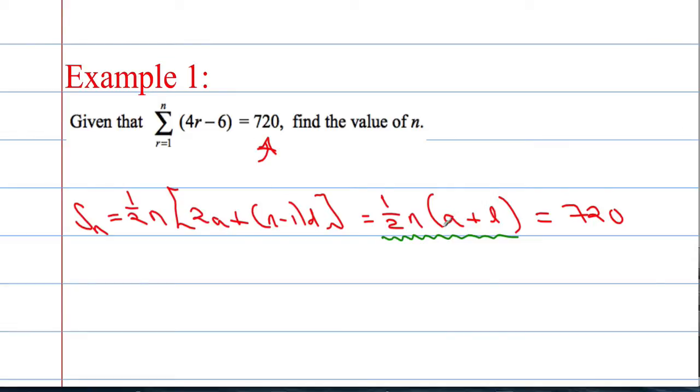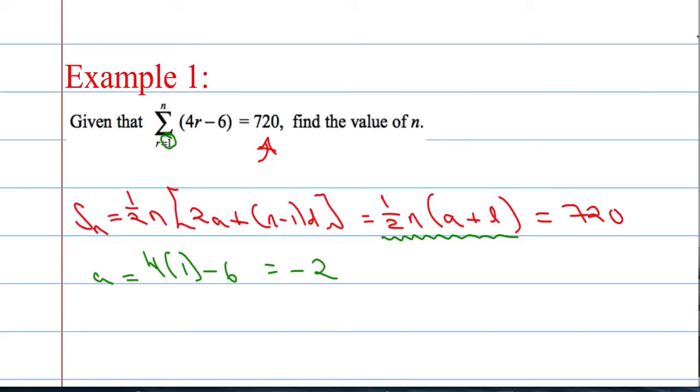I need the first term, a, of this series. So what is the first term? It's going to be when r equals 1. So a will equal 4 times 1 take away 6. 4 times 1, which is negative 2 altogether.